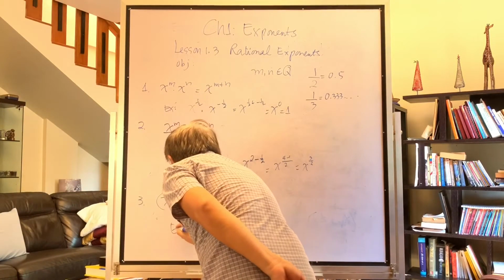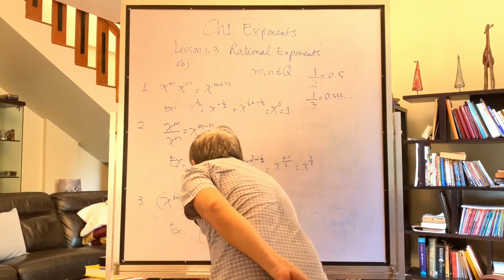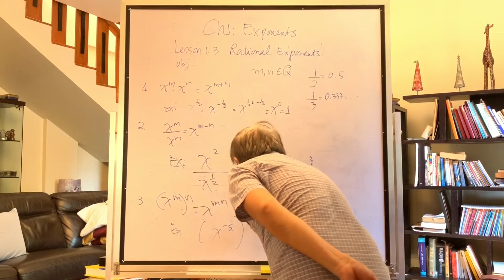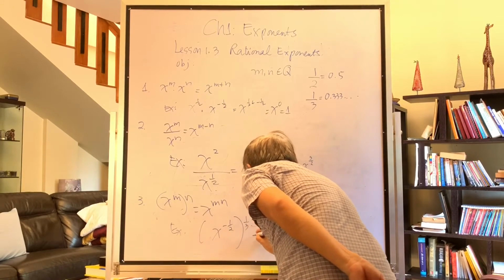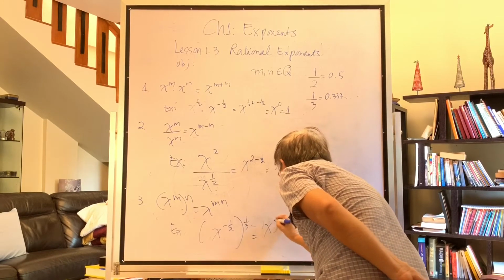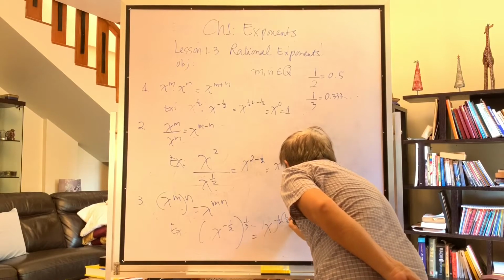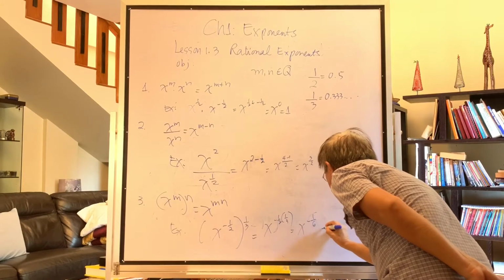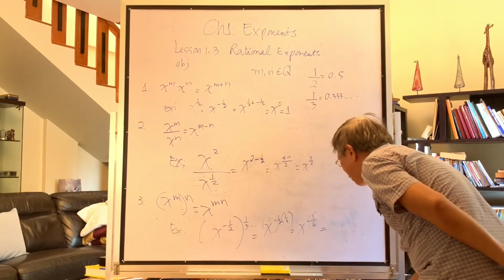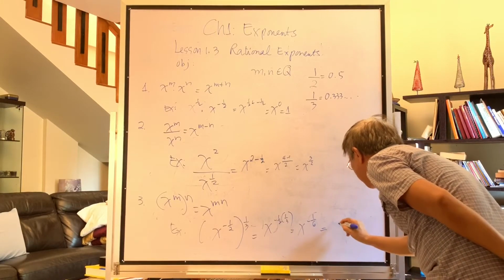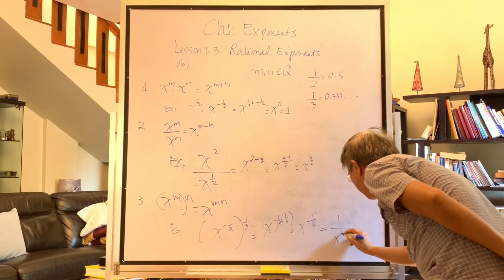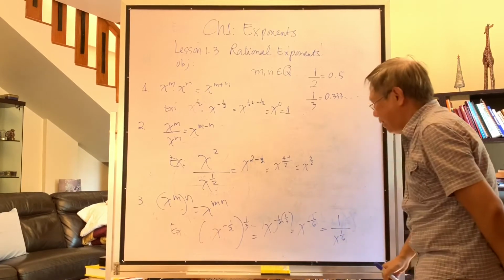Example, if we have here x to the negative 1/2 raised to the 1/3, I just have to multiply negative 1/2 and 1/3, and this will give me x to the negative 1/6. Of course, this is not in simplified form. By definition of negative exponent, we have 1 over x to the 1 over 6.